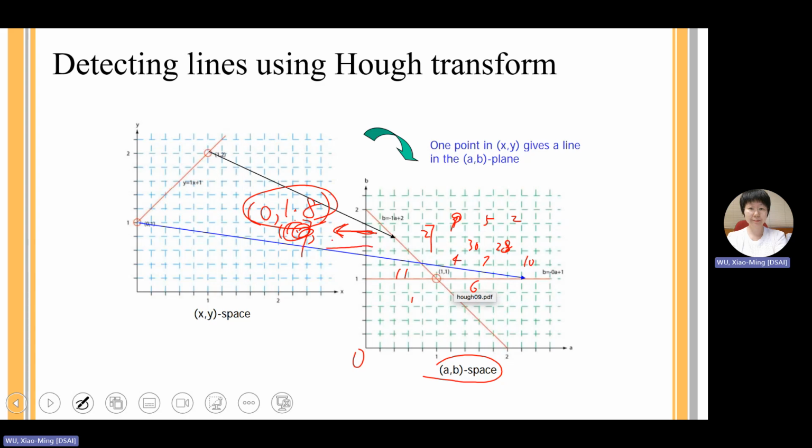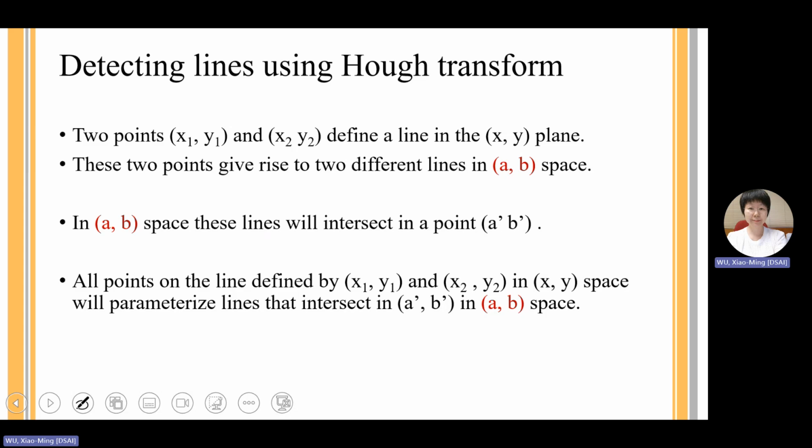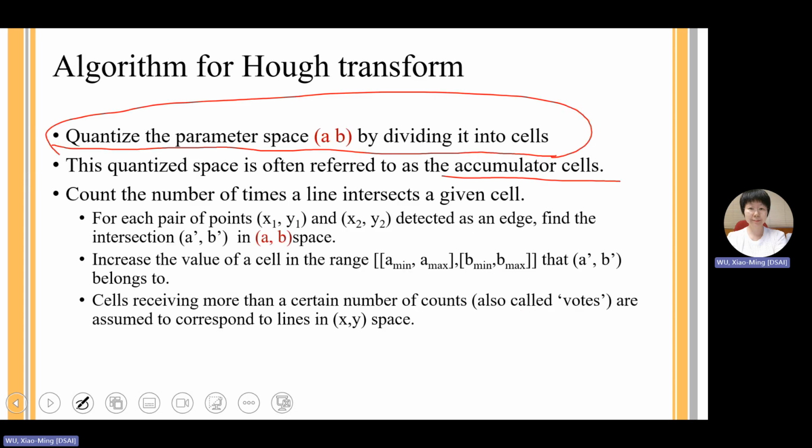But for this cell, A being 0, B being 1.6. And similarly, for this cell, A is also 0, but the B value could be 0.8. So for each cell, there's an associated AB value.